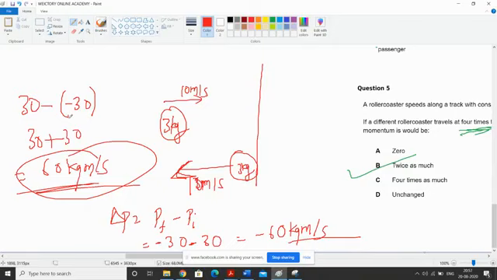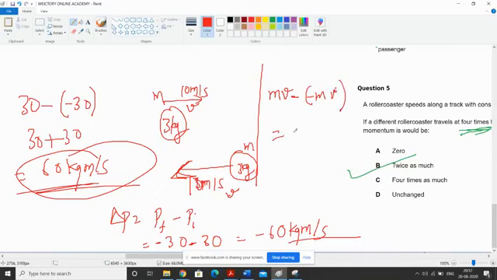Sometimes they ask it like this: it is moving with v and here also v, where m is the mass. If we are considering left side as positive, the final momentum is mv, and the initial momentum will be minus mv.